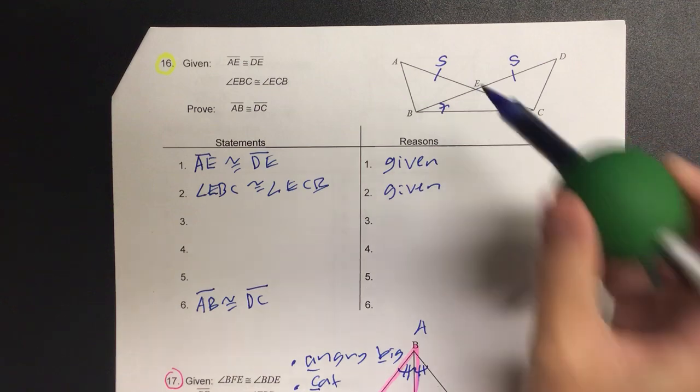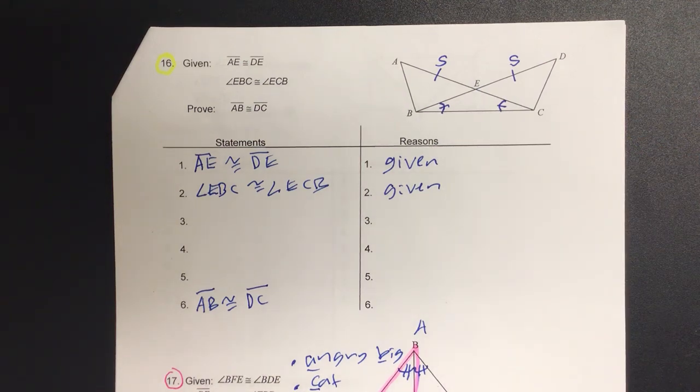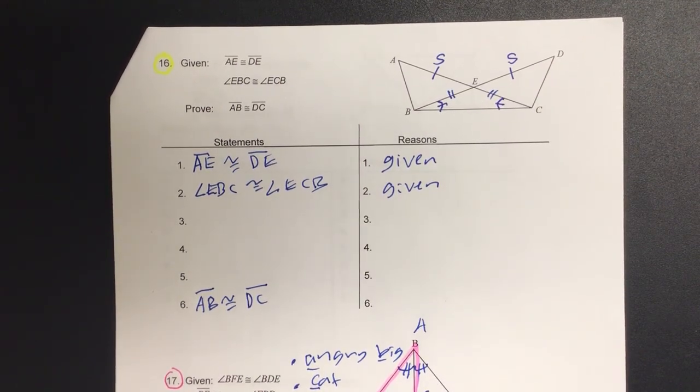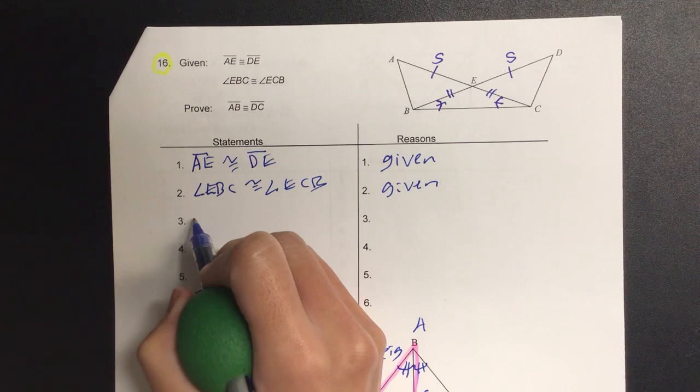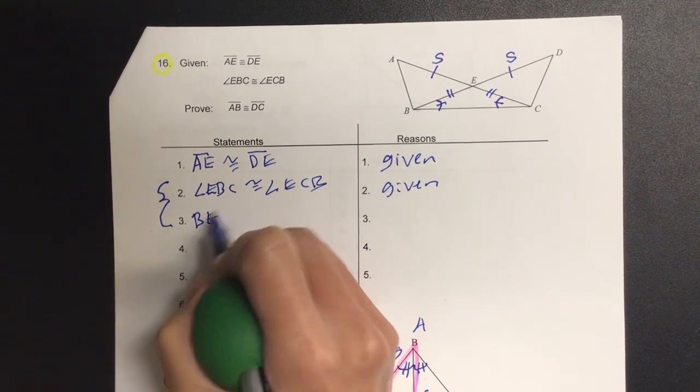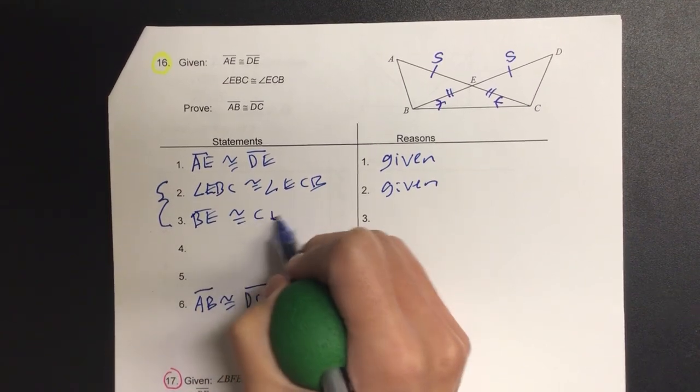Just that bottom piece. If two angles are congruent, we know for sure it's got to be what? Isosceles. So could I say the opposite? Angles are also congruent like that? Yeah? So let's put on here that BE, these two are directly related right here. BE is congruent to CE.